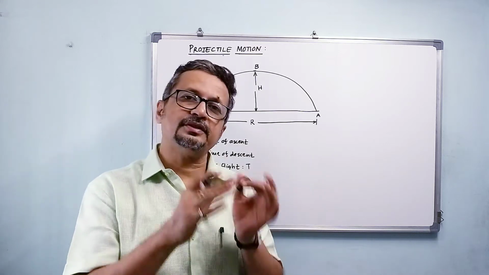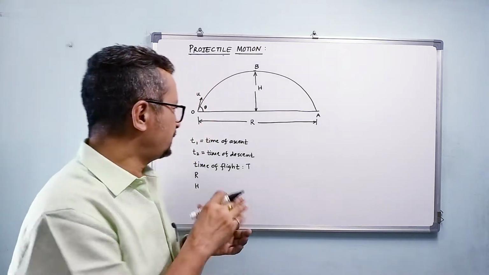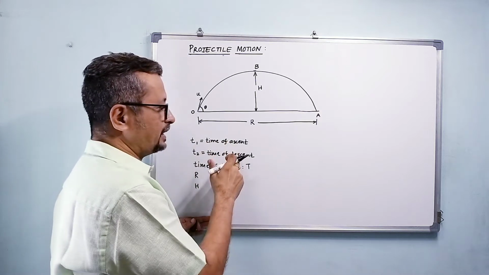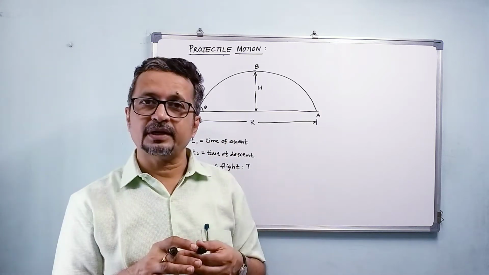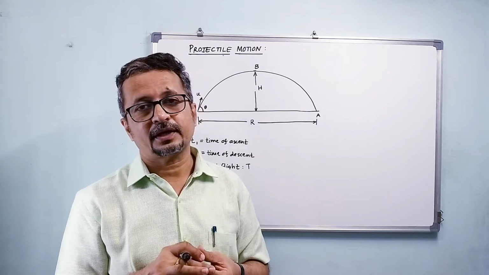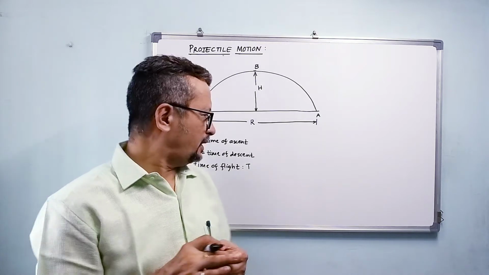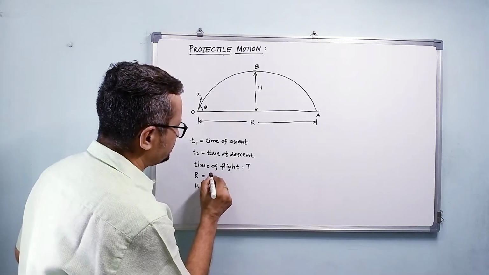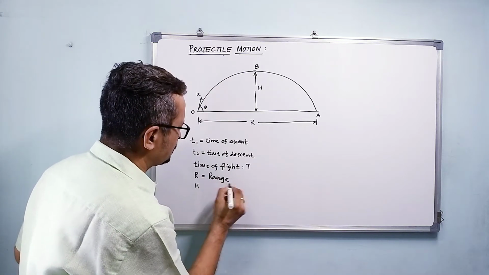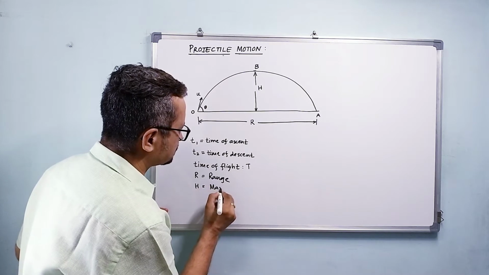In the first video we would try to find the time of ascent and time of descent. In the second video we would find the total time of flight, and so on. Then finding the range and maximum height.